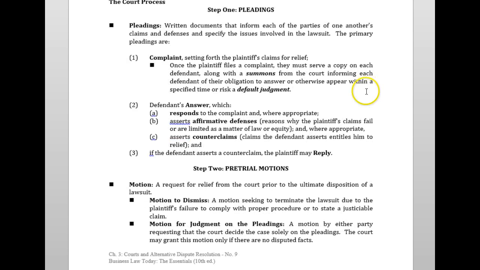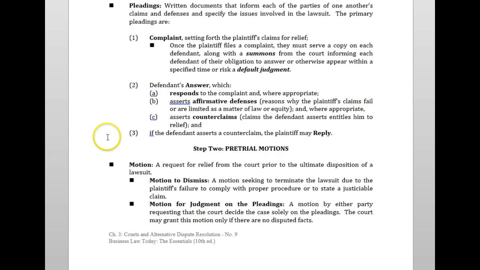Now, your answer, you respond, okay? And you assert affirmative defenses, reasons why this is not true, or they're limited. And then you could also, at this point, assert counterclaims, where you both could have a valid disagreement or dispute between you.